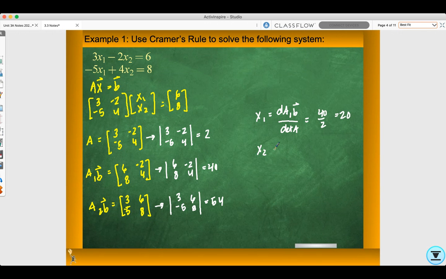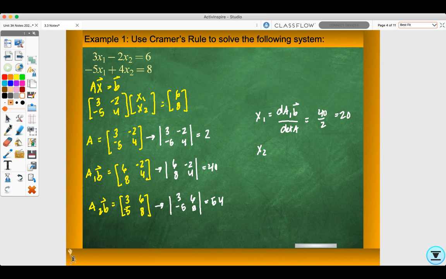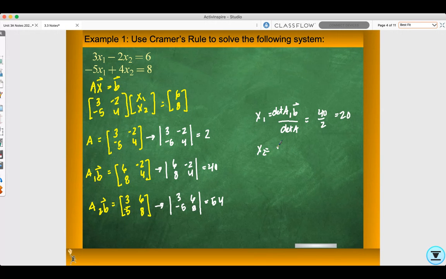And to find x2, I just need to fix my notation, it would be the determinant of A2(b) over the determinant of A, which would be 54 divided by 2, which would be 27. So x1 is 20, x2 is 27.